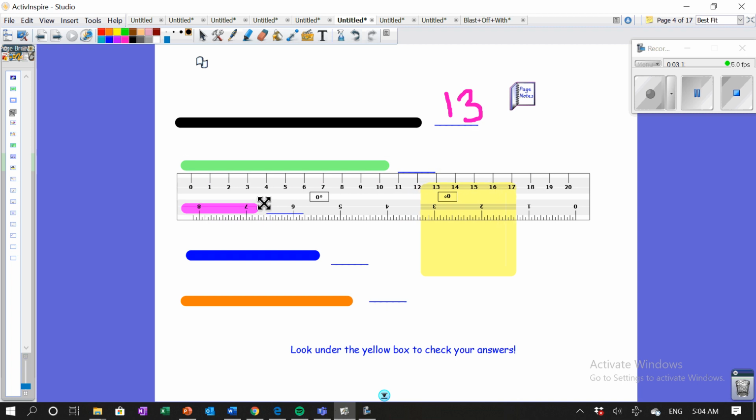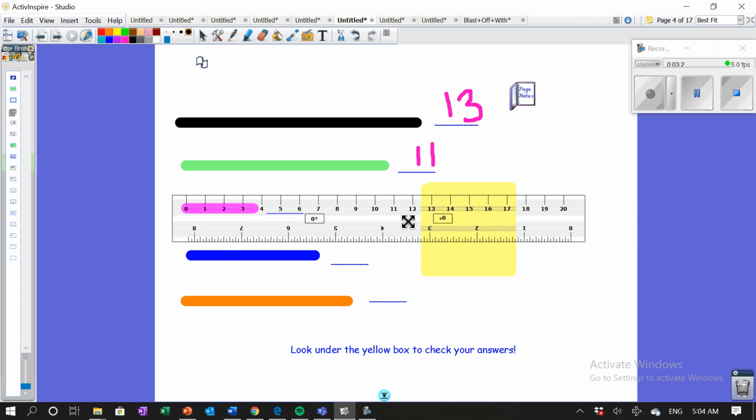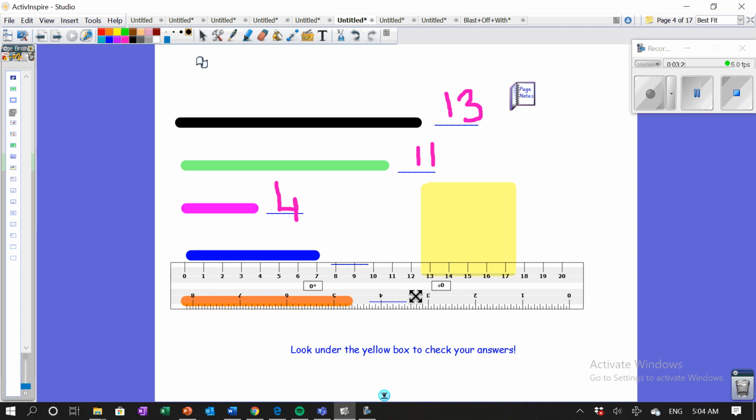So the next line, the green, yes, I started from 0. It's about 11. And for the purple one, perfect, it's about 4. And for the blue one, excellent, it's about 7.